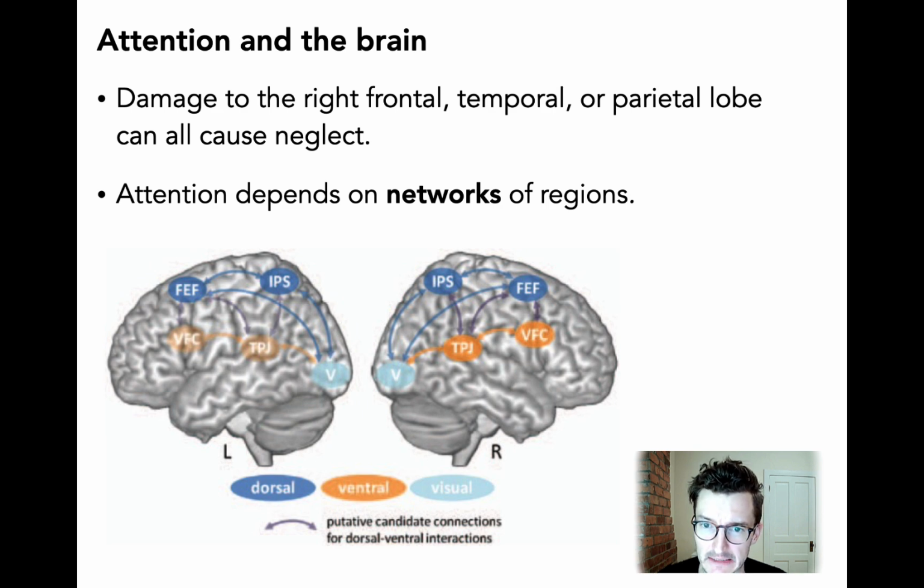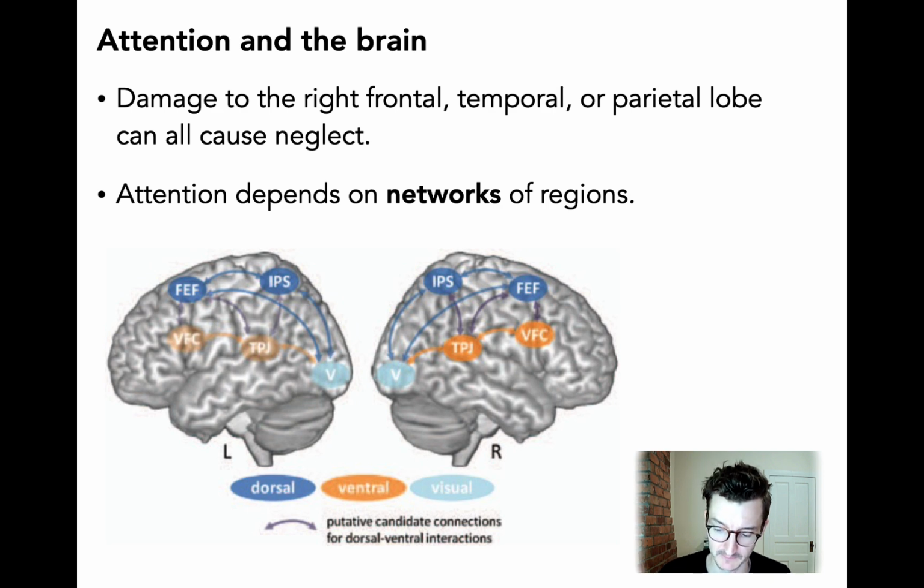And unlike other cognitive systems we've talked about, like vision, for instance, which clearly relies on one primary sensory area, right? If you lose primary visual cortex, you will be blind, even if your eyes are fine. Attention seems to be more dispersed. So attention seems to rely more on networks that are dispersed throughout the brain.